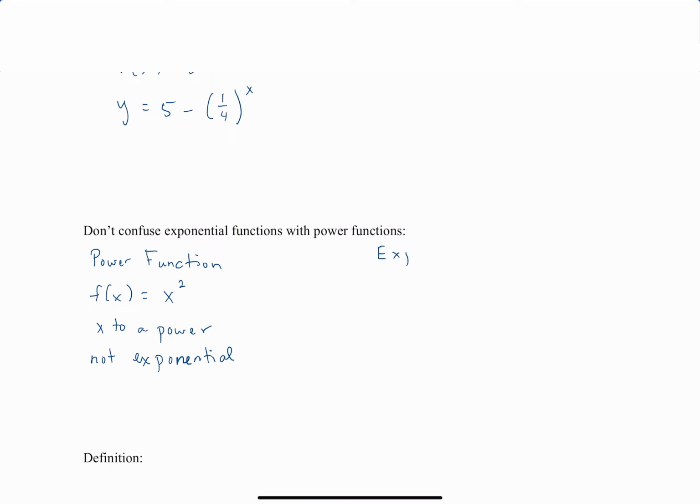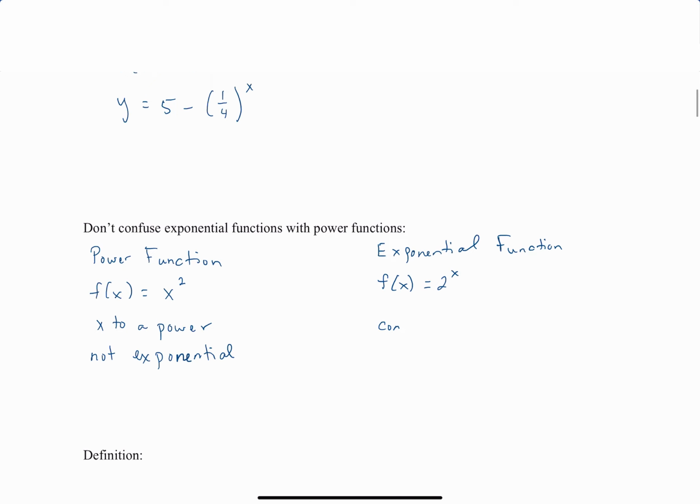So contrast that with an exponential function, which looks like, well, let's just go with 2 to the x. And so this is a constant base raised to a variable power.